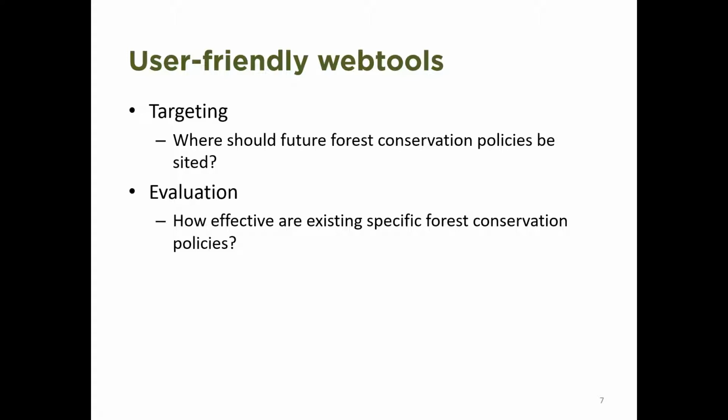And the second tool is for measuring the effectiveness of specific policies in stemming deforestation in specific places. So for example, how effective have protected areas in Costa Rica or payments for environmental services in Costa Rica been in stemming deforestation? The web tools are designed to be user-friendly and to have all of the requisite data on board.